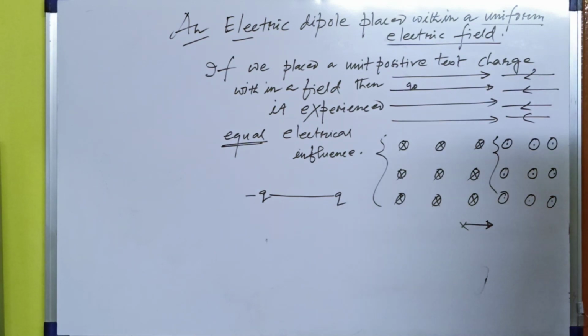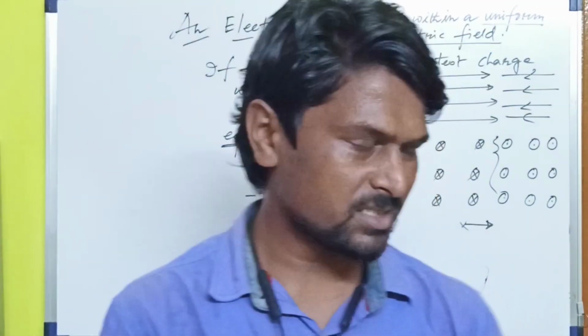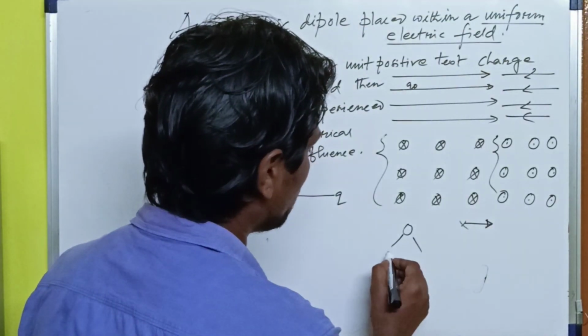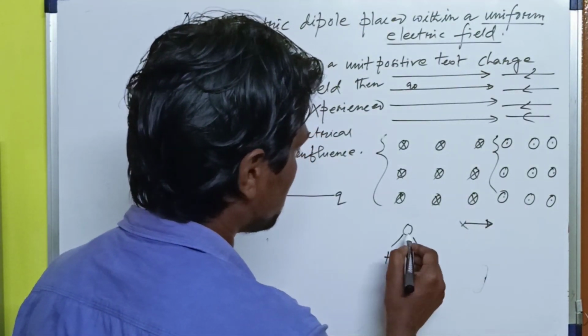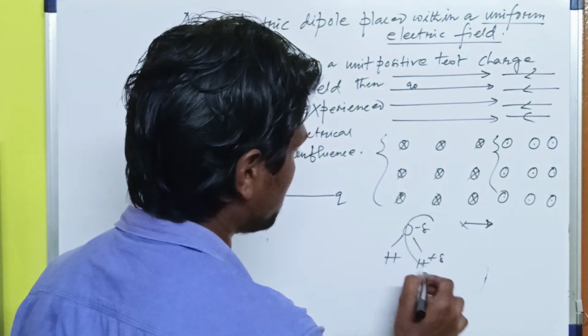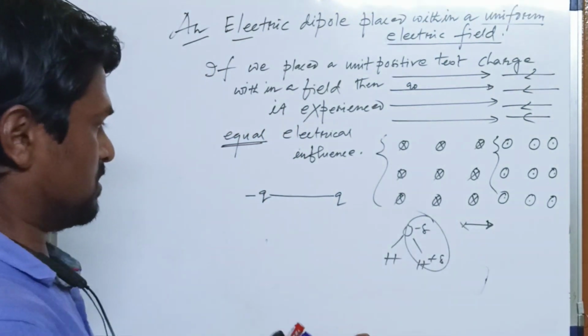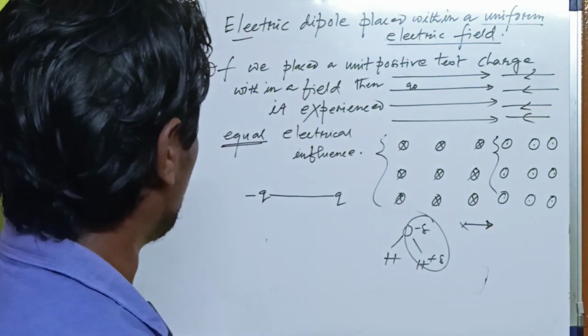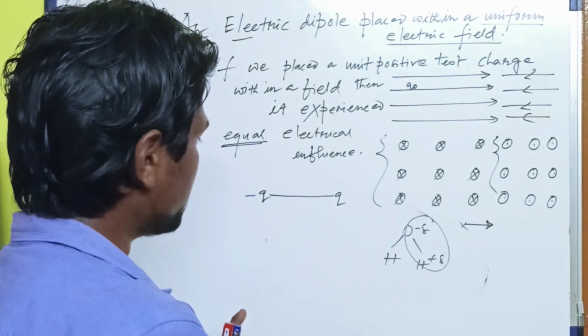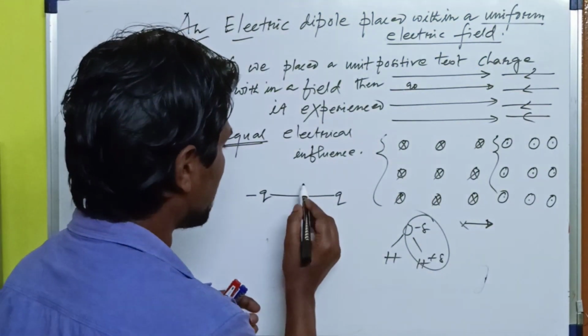what is the significance of this small distance? It is very much negligible, as you go to the molecular level. Suppose this is minus delta and this is plus delta, so it is an electric dipole. When two equal and opposite charges are separated by a very small distance, it is called a dipole.